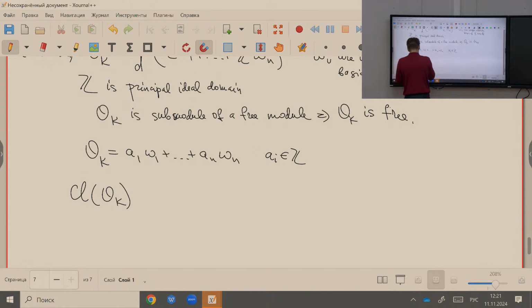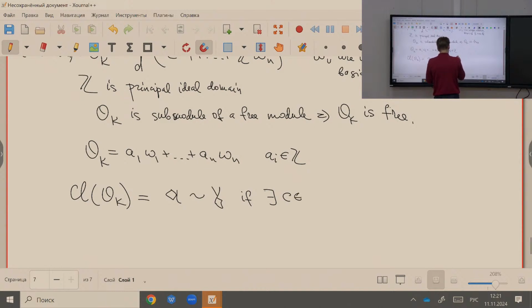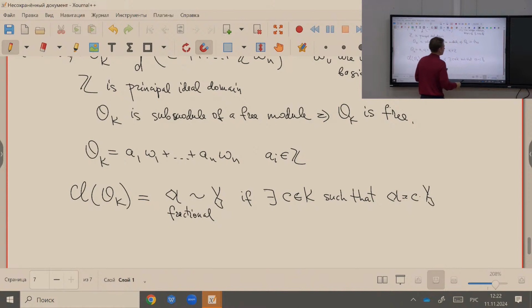So we say that A is equivalent to B if there exists C in K such that, taking fractional ideals, A is equal to C times B. So you see that the fractional ideal is equivalent to the usual ideal via this equivalence relation, just by definition.